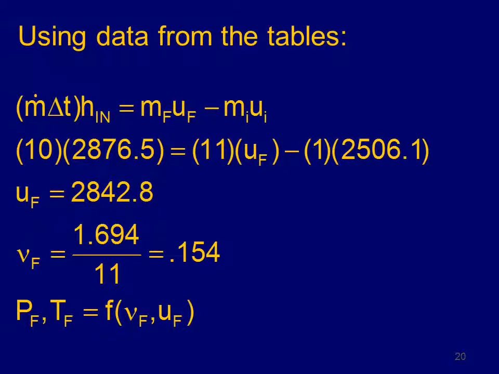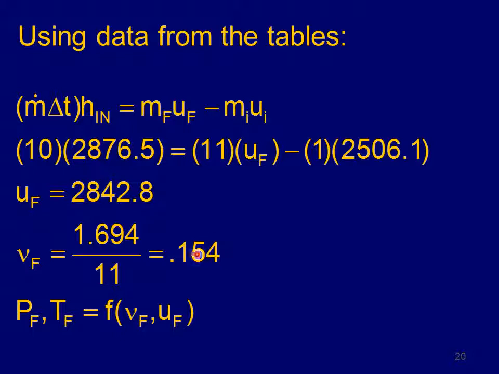Using data from the tables, we find all those properties, and we can calculate the final internal energy from the energy balance. Plug in the properties we know, use the energy balance to find the final internal energy. Use the volume from state 2 to find the volume at state 3.